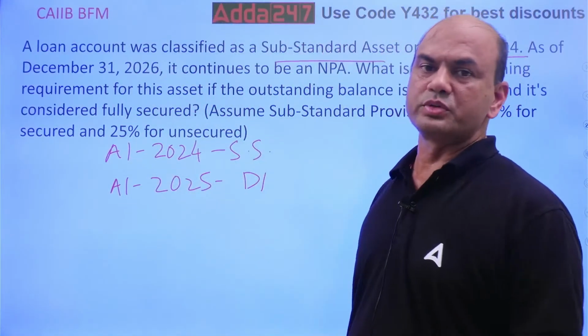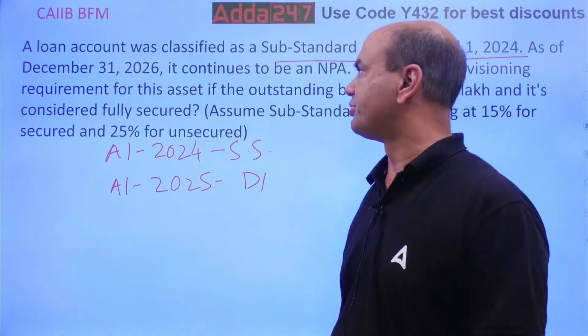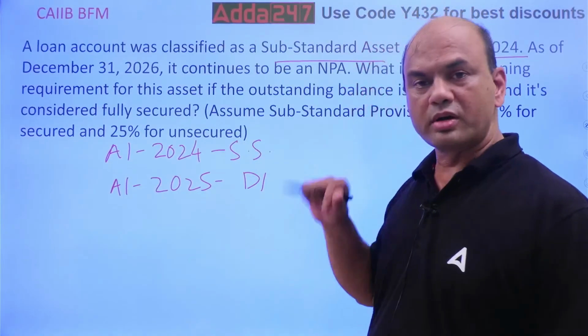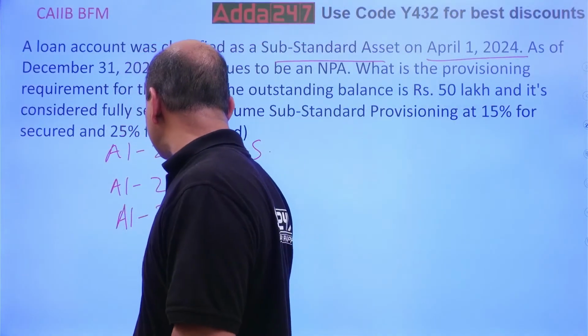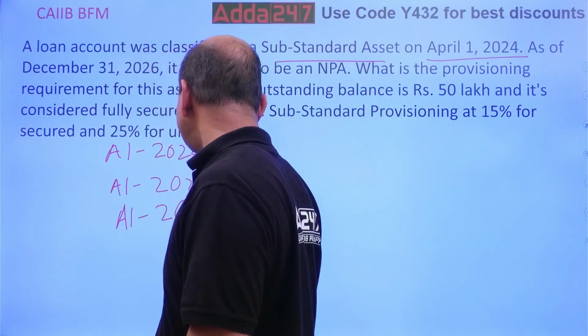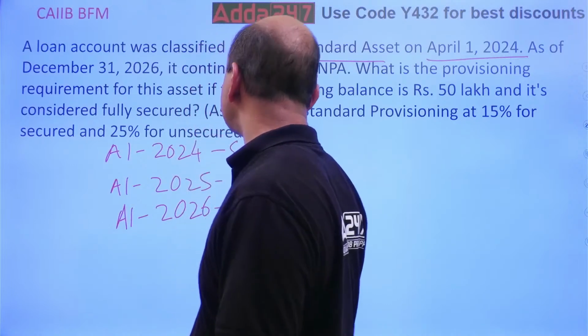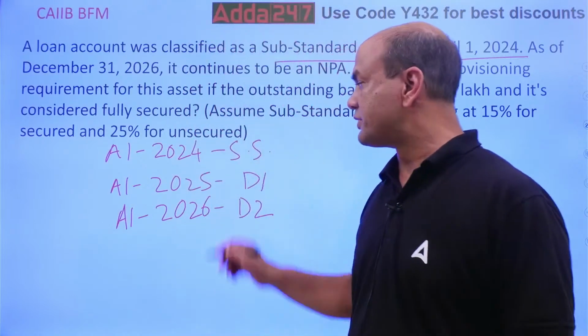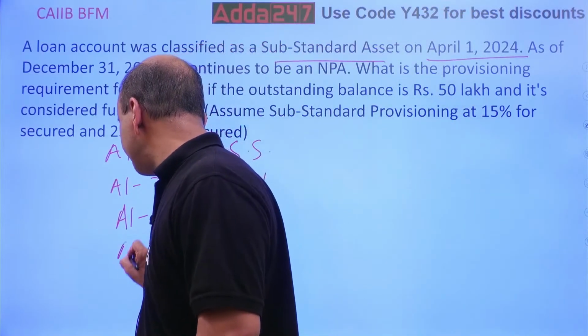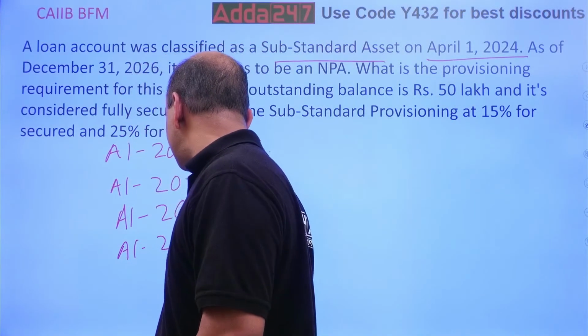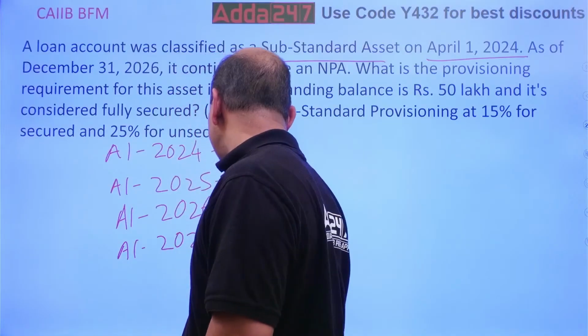This will go up to April 1, 2026, when it will be D2. This will continue for 2 years, so April 1, 2028, it will be a loss asset.